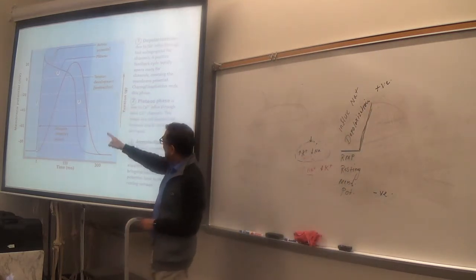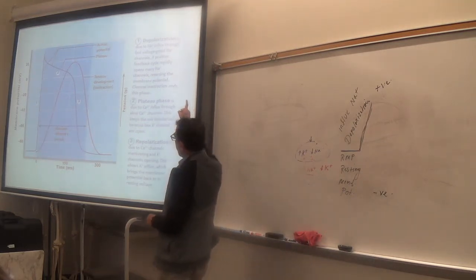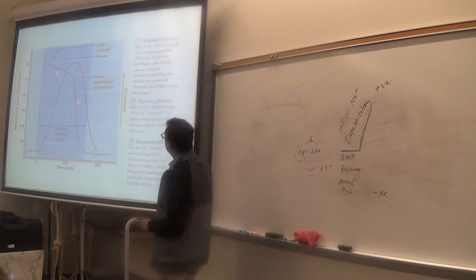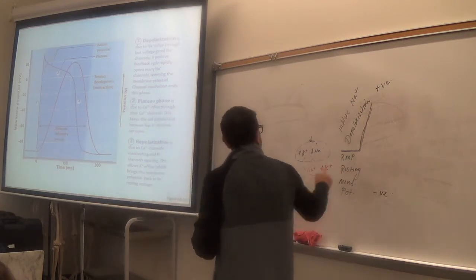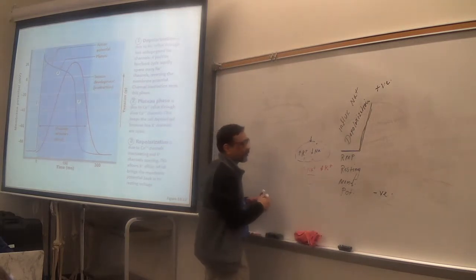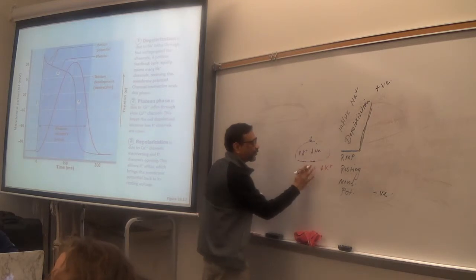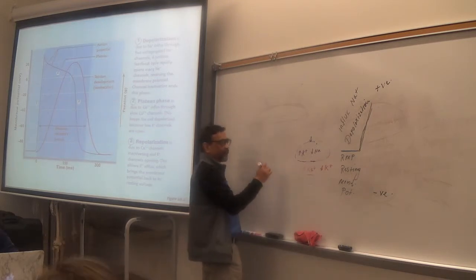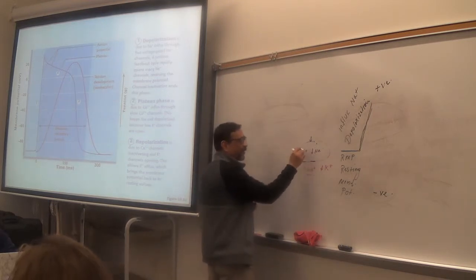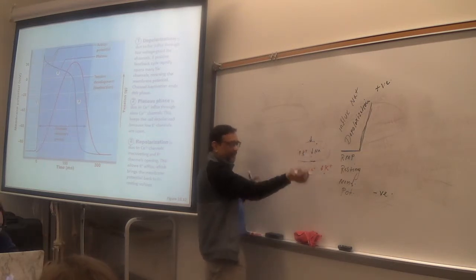And then what will happen next? Sodium channels will get closed. Let me draw here. Sodium channels got closed here, but two other channels will get opened. One is potassium channel. Now you see here, potassium is low outside. It's opposite of sodium.